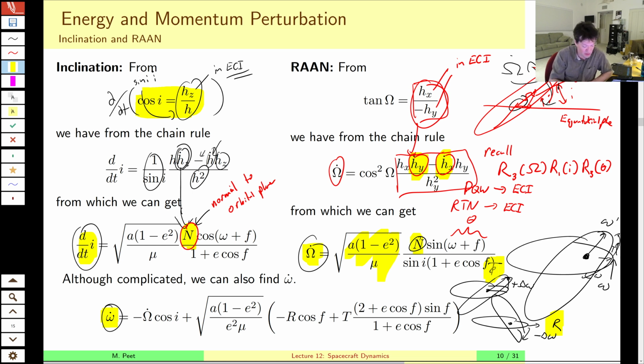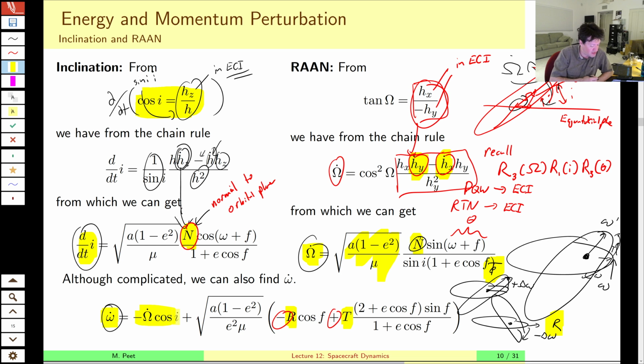If we look at this expression here, we see the tangential component right here. It has a positive coefficient, so the tangential forces tend to move the argument of perigee forward in the orbital plane, and radial components tend to move it backwards. So that's what we're seeing from this expression.